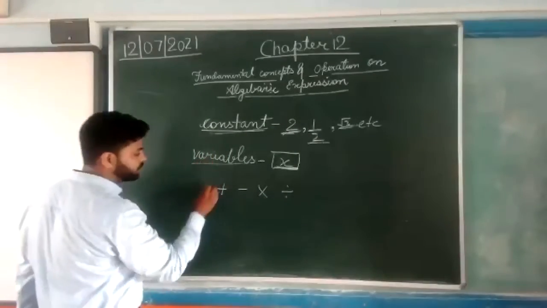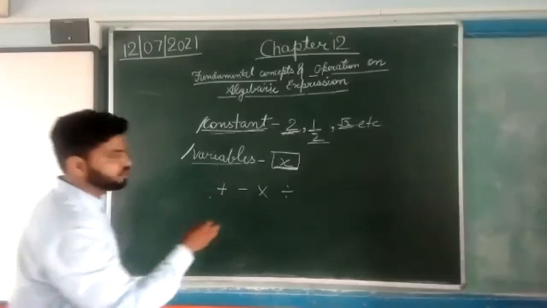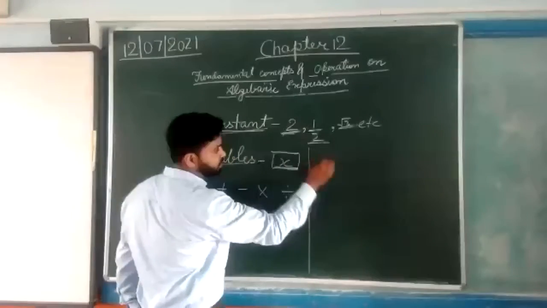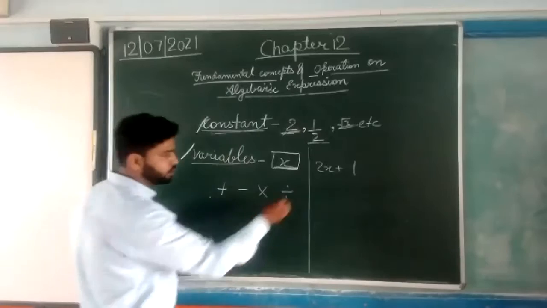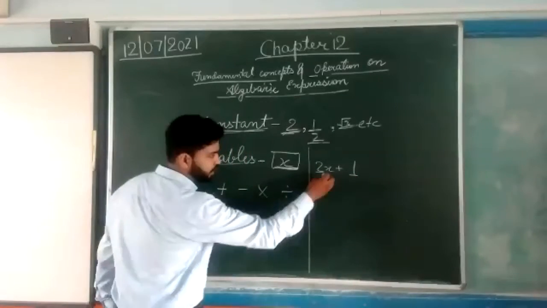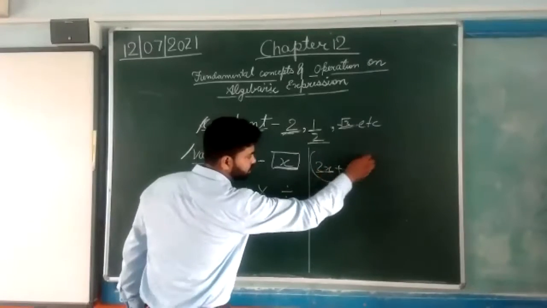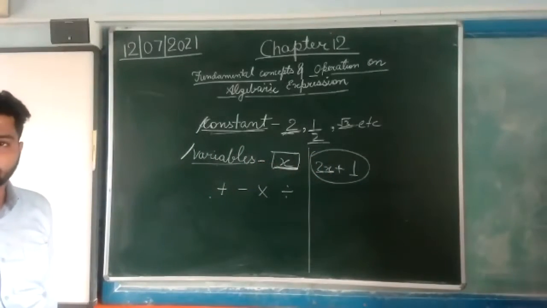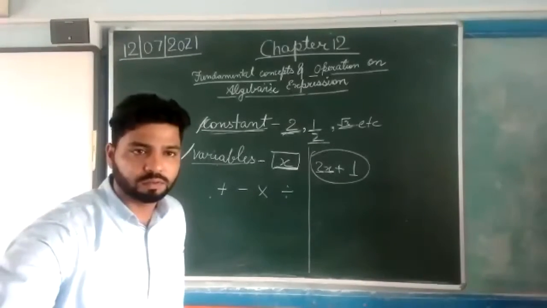For example, 2x plus 1. Here 2 and 1 are constants and x is a variable, connected with plus. So this is called the algebraic expression. Everyone is getting me?